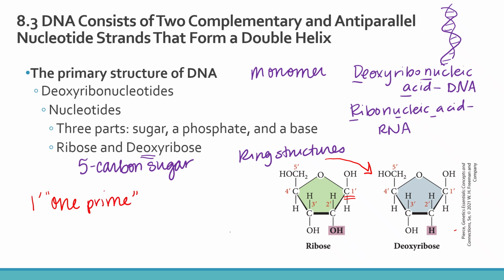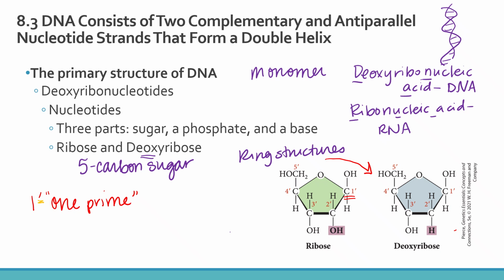And this little apostrophe, we say that as prime. So 1', 2' would be the next carbon around in the chain, 3', and so on. And our nucleotides are made up of different functional groups that are attached to this ribose base.